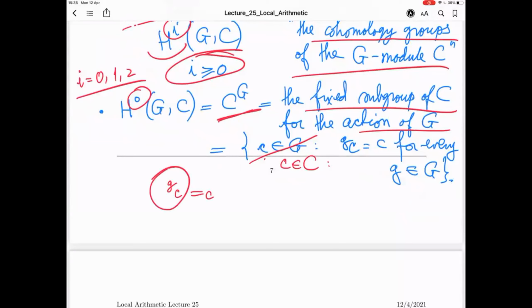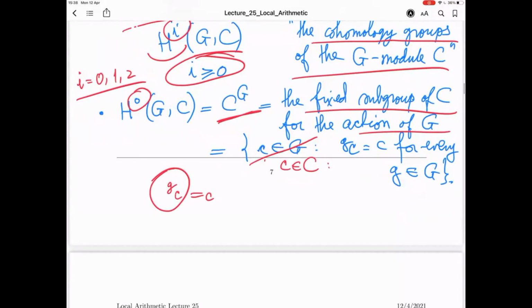And what is this notation? We are given an action of G on C. So theta is a homomorphism from G to Aut(C), and g.c, little c, is just theta(g) applied to little c.